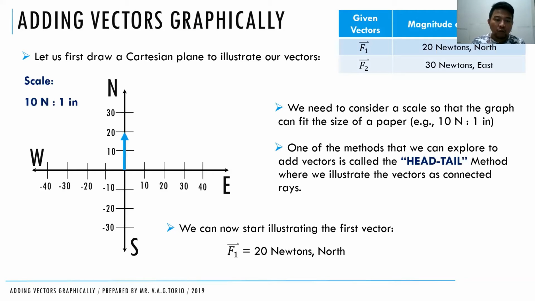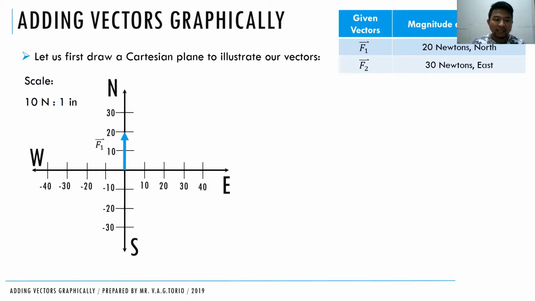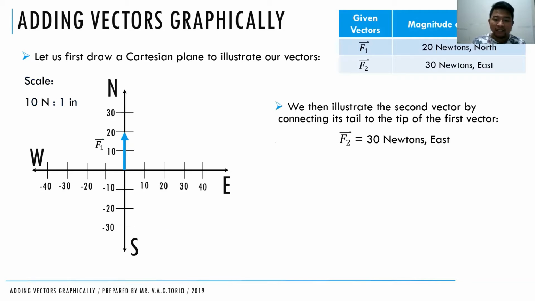And then we draw the second vector using an imaginary Cartesian plane that considers the end of the first vector, which is the head, and we draw the second vector from that. And the second vector is 30 newtons east, so that's where you'd find vector number 2, F2.